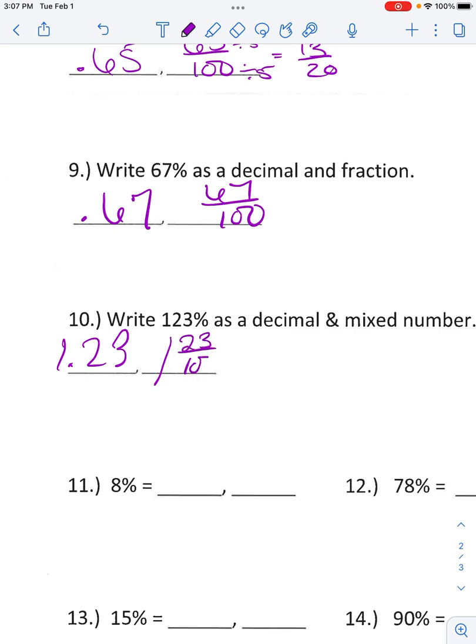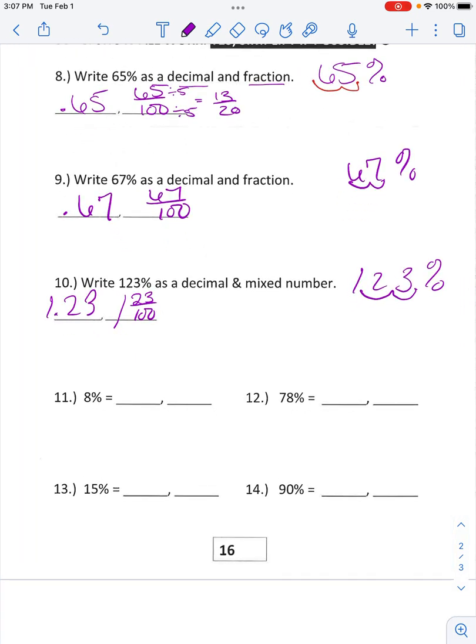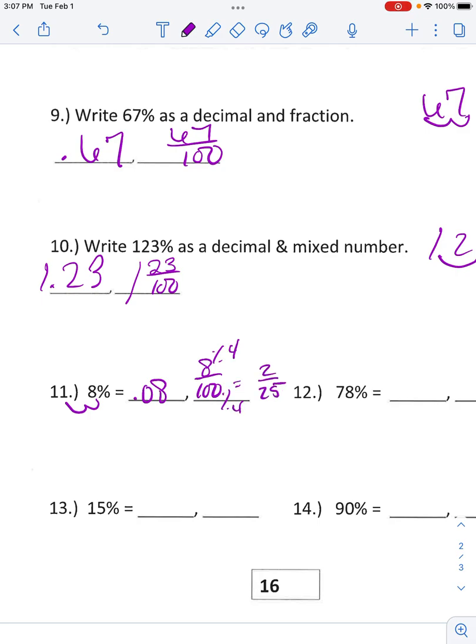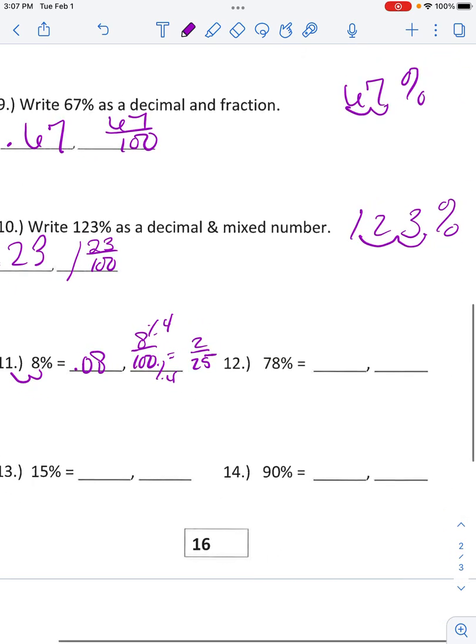That's 1 and 23 hundredths as a fraction, and that cannot be simplified either. Okay, and then the bottom four, 8% as a decimal, move it twice to the left, 0.08. That says 8 hundredths, 8 over 100, and we can simplify to get 2/25.